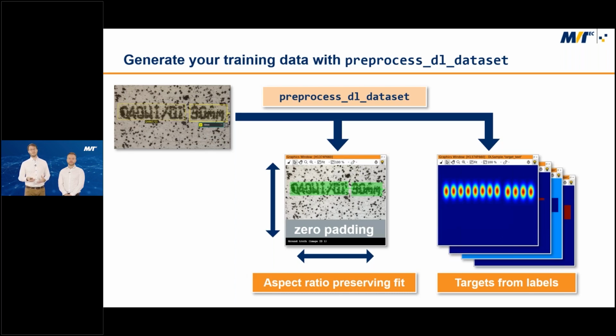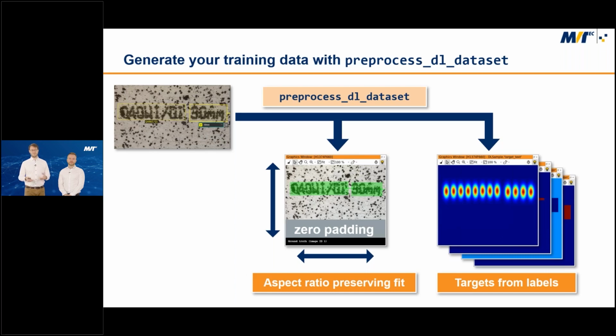And the second thing that preprocessed DL dataset needs to do is generate the targets from the labels. Because unlike object detection, where the label, basically the bounding boxes of the text, is the actual target for the network, in Deep OCR the network predicts score maps.